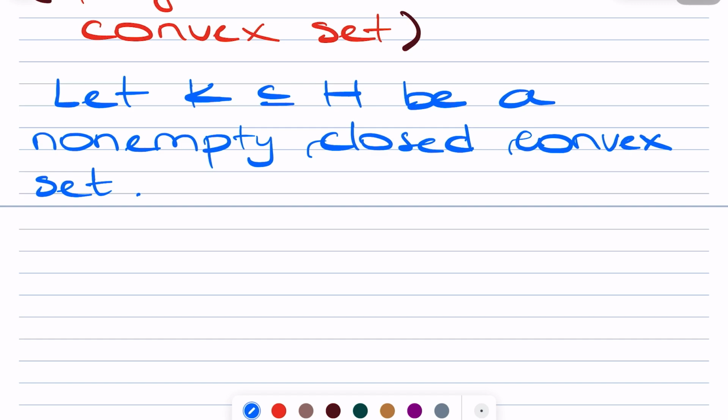The name just highlights that non-empty is important, closed and convexity, all of them are important.